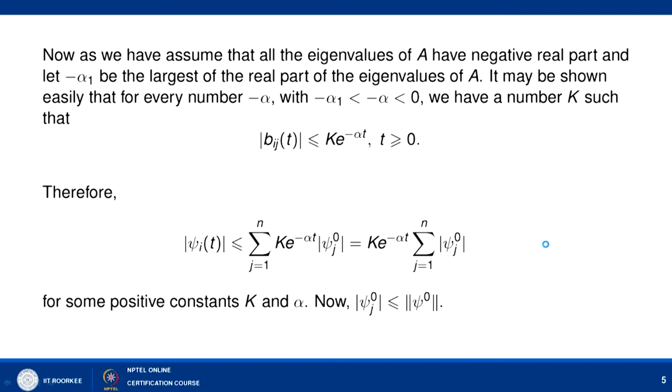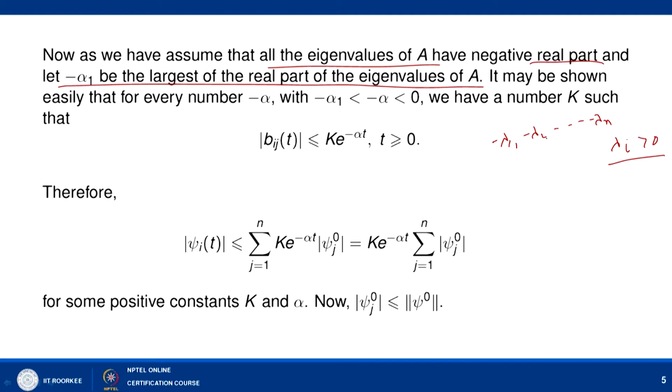Now, we already assume that all the eigenvalues of A have negative real part, and hence we can find the largest of the real parts of the eigenvalues of A. Suppose they are minus lambda_1, minus lambda_2 and so on, minus lambda_n. Here I am assuming that the lambda_i are positive.